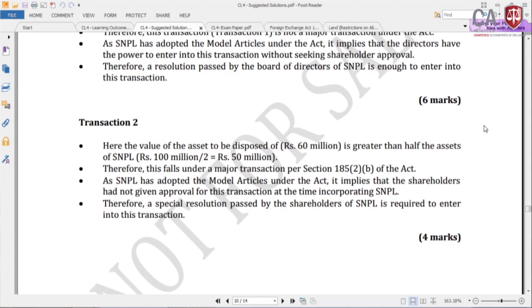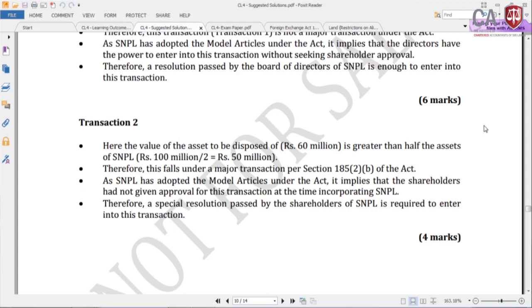As SNPL has adopted the model articles under the Act, it implies that shareholders had not given approval for this transaction at the time of incorporating SNPL.